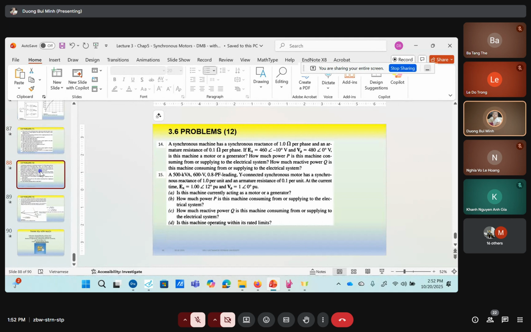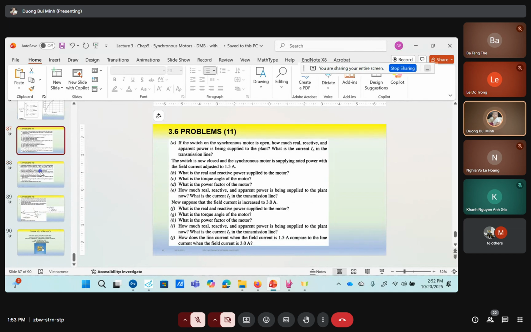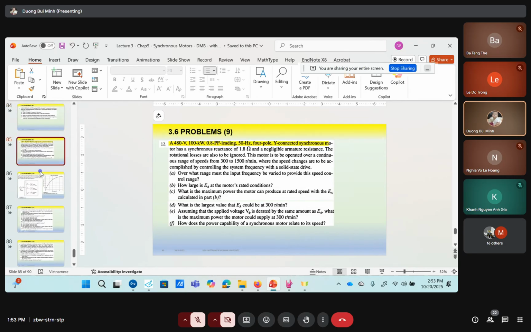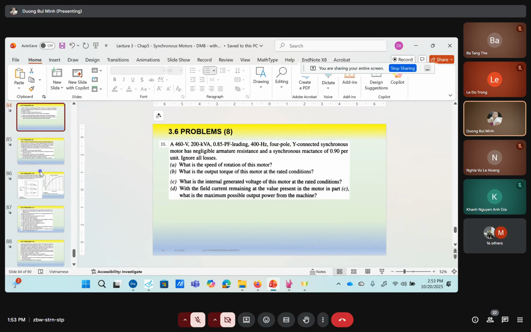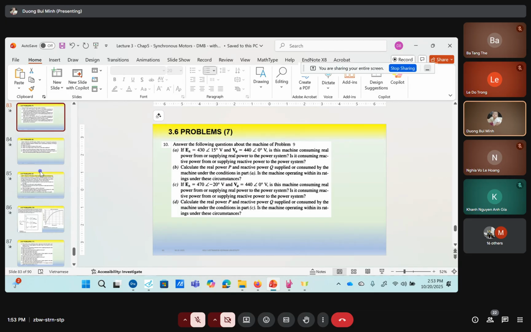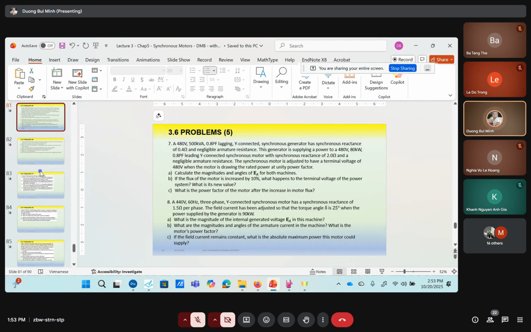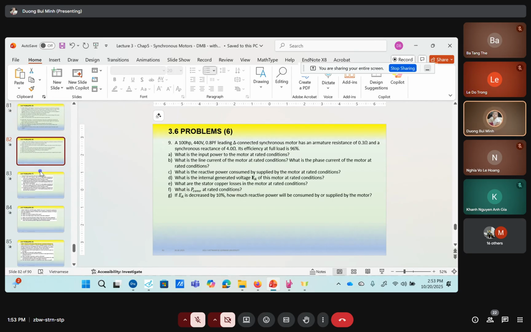Okay, maybe I choose the synchronous motor, right?